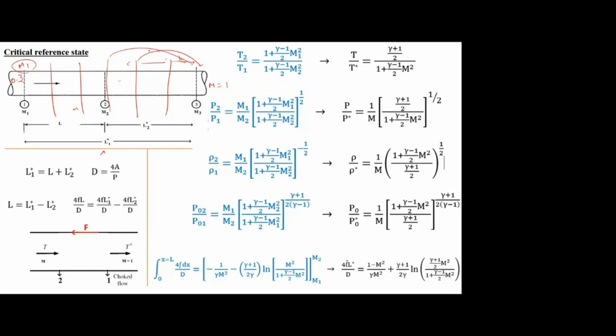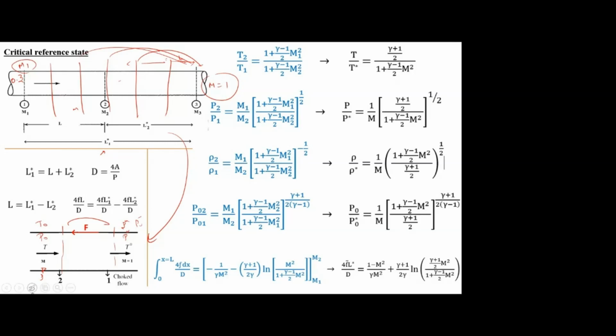Okay. So any station can be related to the sonic. So my final control volume will be this one. Any arbitrary station with static properties, pressure, Mach number, temperature, density, P02, P01, T01, etc. Then this side it can be related to sonic: P star, T star, rho star, P0 star, etc.